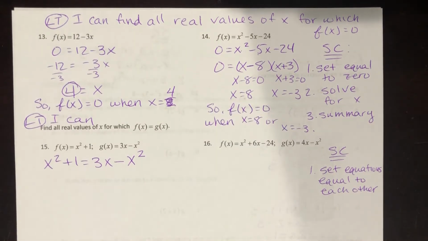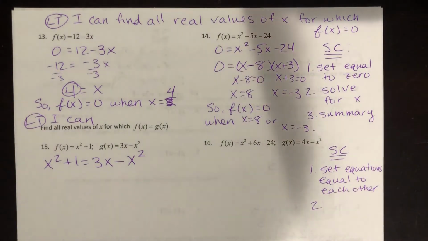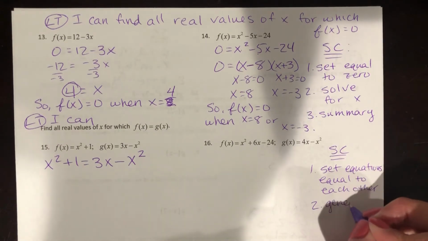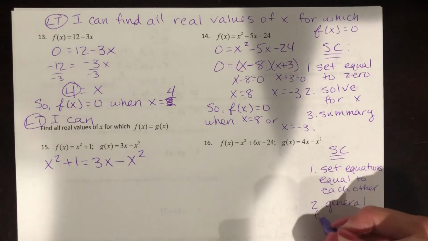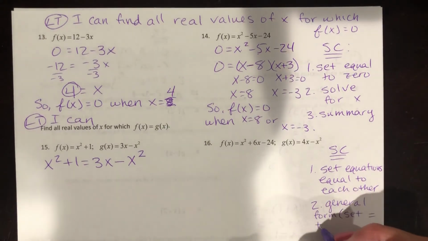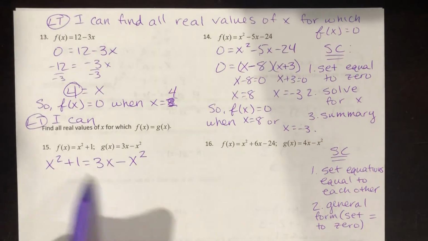Now what I'm going to do is convert to general form, which is simply to get everything equal to 0. So I'm going to bring everything over.